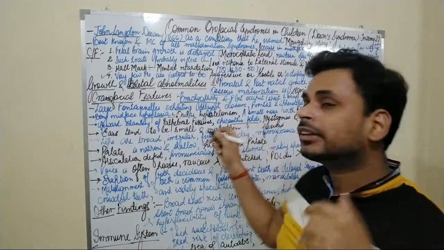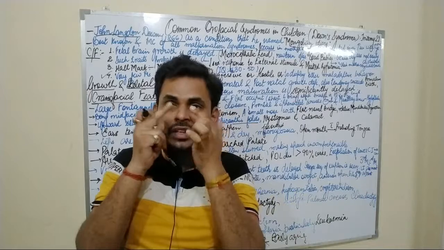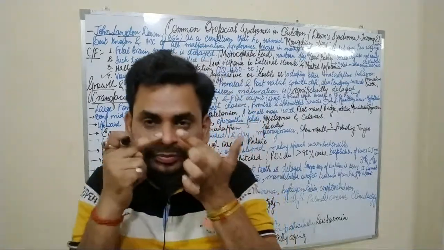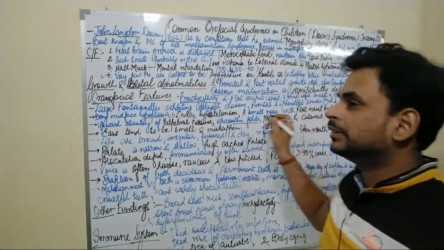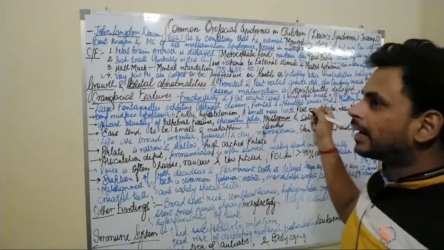The epicanthic folds, at the medial and inner canthus of the eye, are going to cover the inner canthus of the eye, and there is nystagmus. So the presence of nystagmus and cataract is there.